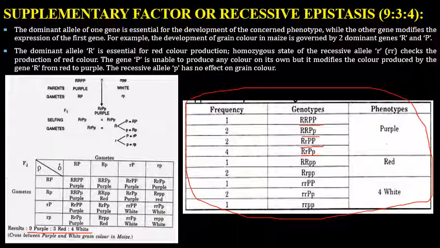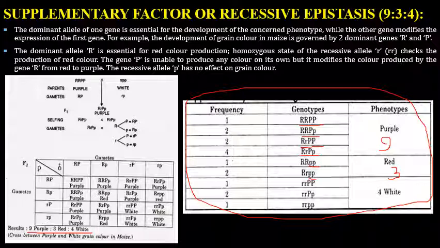So 9 individuals are purple grain colored maize, and in the red phenotype individuals, the capital P is absent, with individual number 1 plus 2, that is 3.